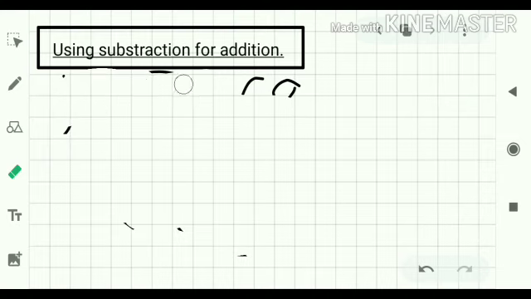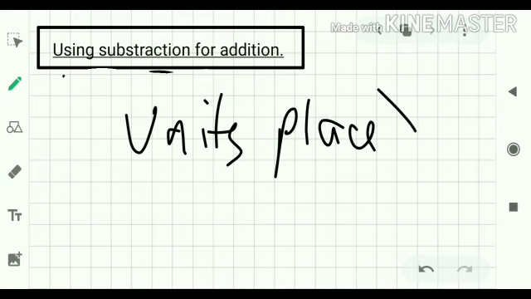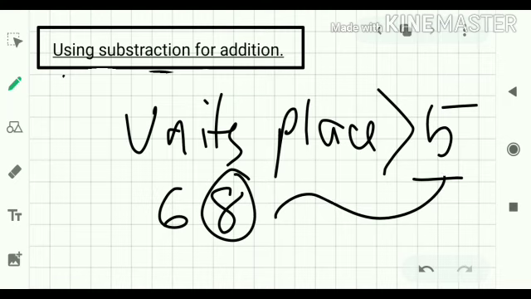Now these were numbers which had units place greater than 5. For example, if I take 68, the number at the unit place is 8, which is greater than 5. If I take 79, the number at the unit place, which is 9, is greater than 5.